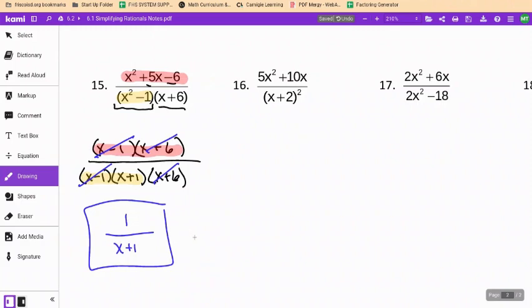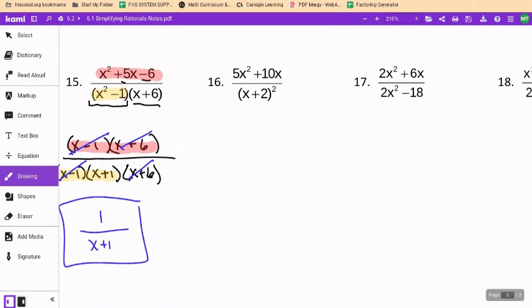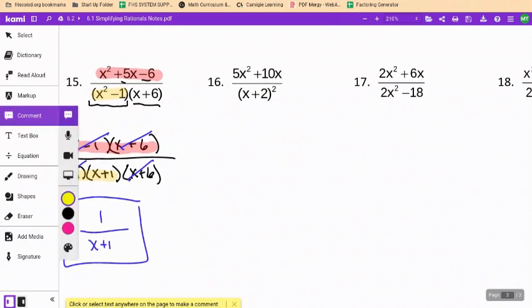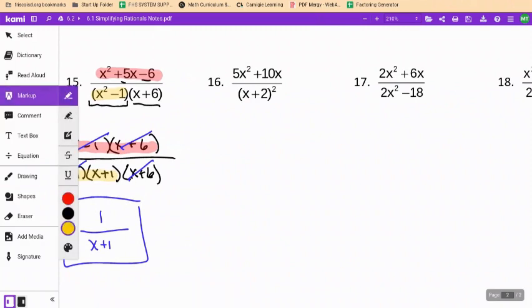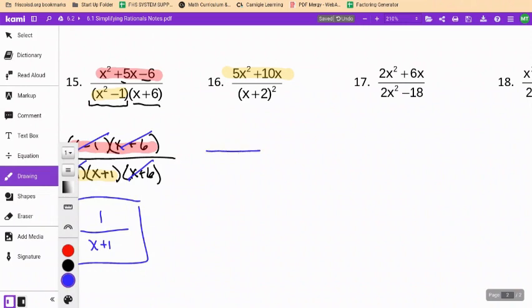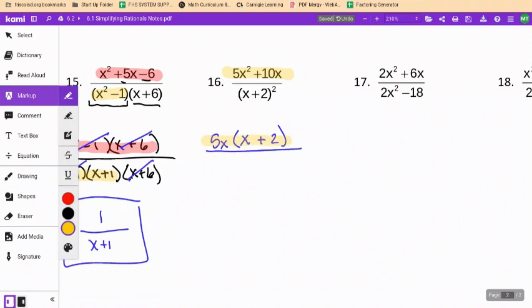Okay, number 16. Okay, I am going to factor the numerator. So that gives me 5x is the GCF of those two, and then x plus 2. So the numerator factored to that.